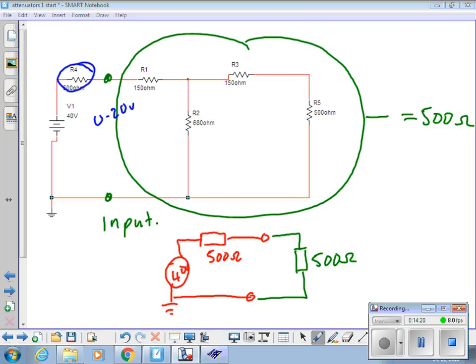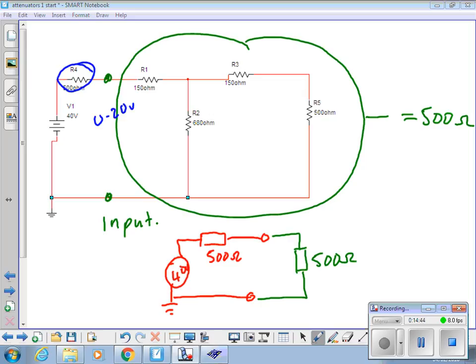That's the load, and R4 is the internal impedance of the source. Yep, this always causes trouble, this bit. If you can get it, you'll be doing well. All right, so think about that.